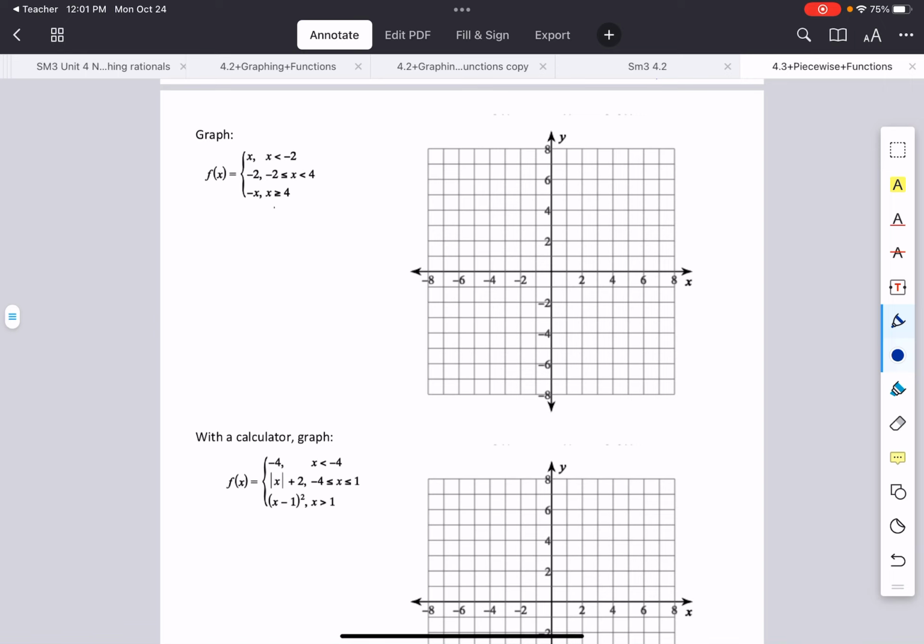So on your calculators, for sake of time, I'm going to show you just from the other equation, because I want you guys to practice this. These are the sub-functions. Hey, will somebody go and move my mouse?